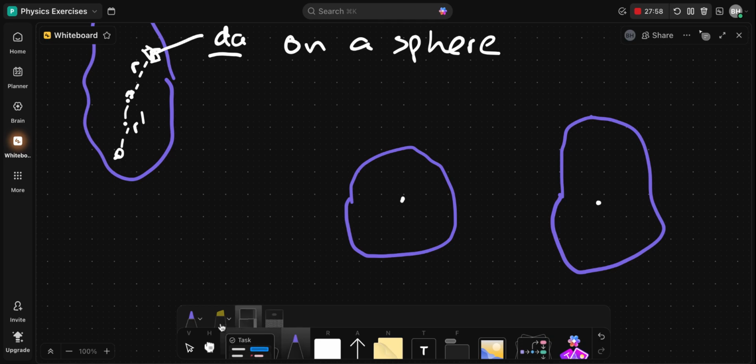Here's a tiny little element and this is a circular arc. Here's another tiny little element, also a circular arc. Here's another tiny little circular arc.